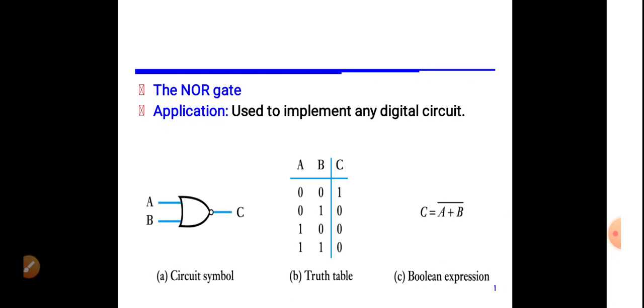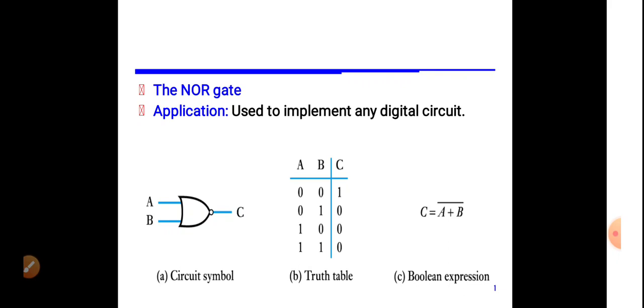To write down this truth table, as it has two inputs A and B, we write four different combinations. 0 plus 0 is 0, but the output is its complement, so the complement of 0 is 1. 0 plus 1, or 0 OR with 1, is 1, complement of 1 is 0. 1 OR with 0 is 1, complement of 1 is 0. 1 OR with 1 is 1, complement of 1 is 0.